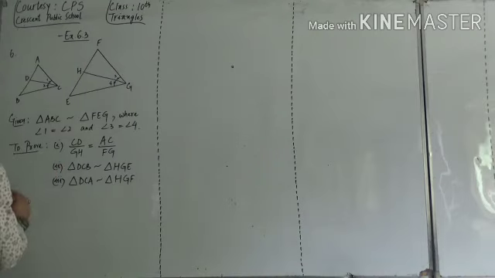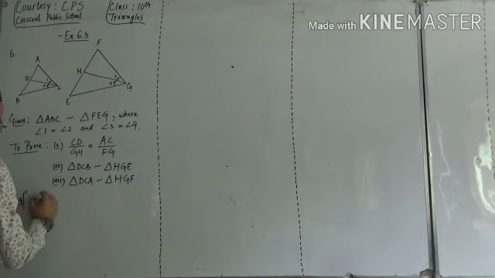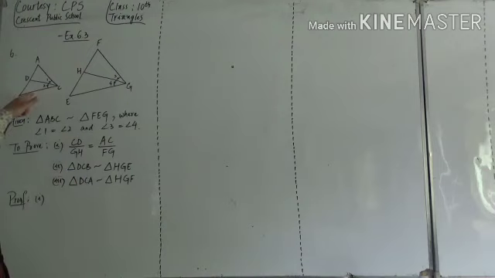Let us start with the very first one, that is CD by GH is equal to AC by FG. So, on observing that CD by GH is equal to AC by FG, we are going to consider this triangle and this triangle.